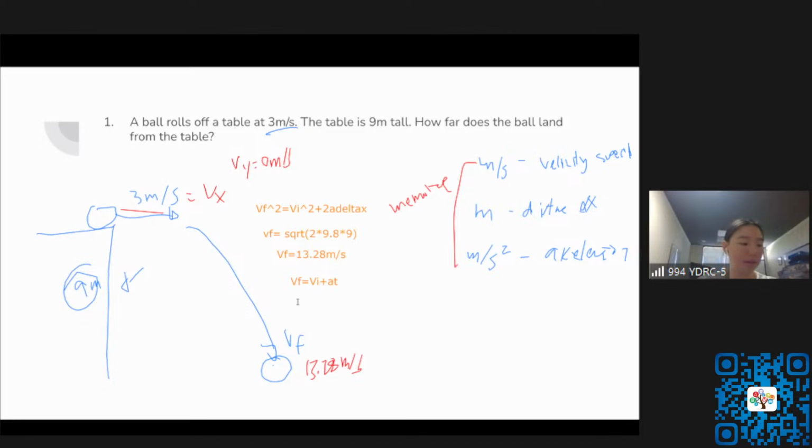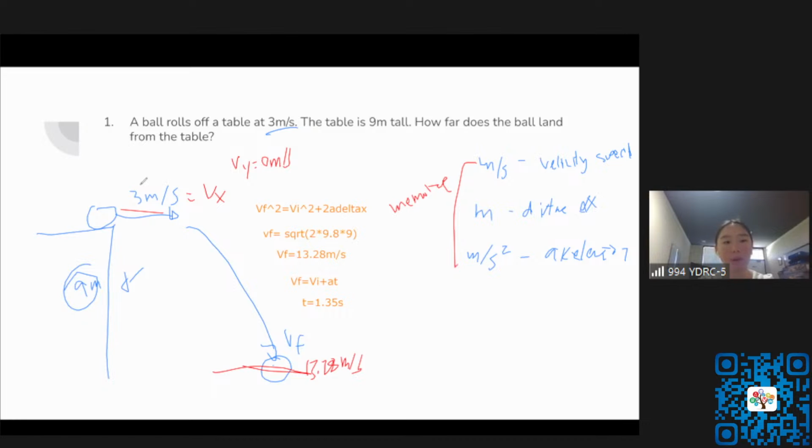So then you'll divide that by 9.8, and you'll get that time is equal to 1.35 seconds, meaning it takes 1.35 seconds to hit the ground here. So that's how much air time it'll have, right? That's how much time it has to travel using its horizontal velocity.